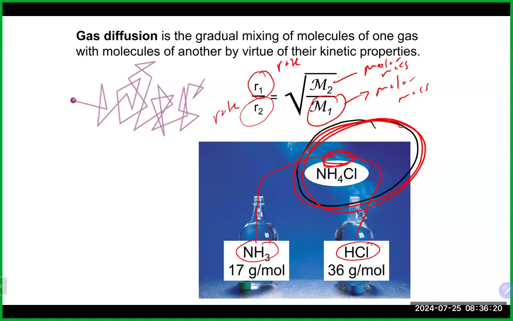So you can use this, for example, if you have some information about how one gas is moving versus the other, to figure out the rate of how fast the other gas would be moving. You could also, if you know the rate of two gases and the molar mass of one, figure out the molar mass of the other. So gas diffusion is a gradual mix of molecules based on their kinetic properties, how fast they're moving.